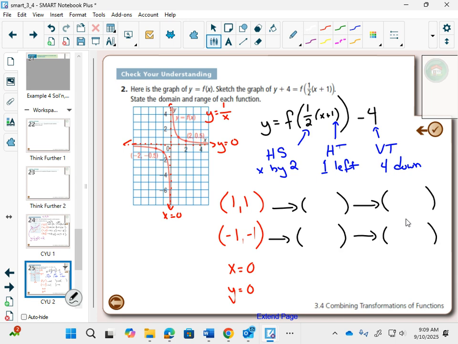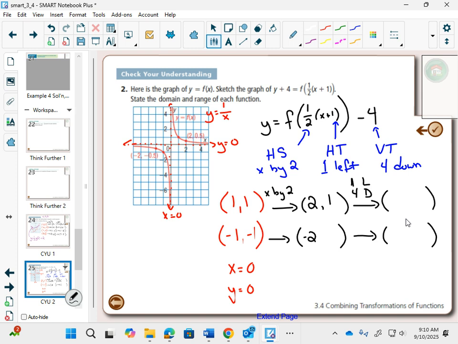So as far as our points go, since we have both kinds, translations and stretches, I'll do 2 sets of arrows. For stretches, I only have the one, x by 2. For translations, I'm going to go 1 to the left and 4 down. And as far as where these points go, x by 2, that's going to change this to 2 and -2.